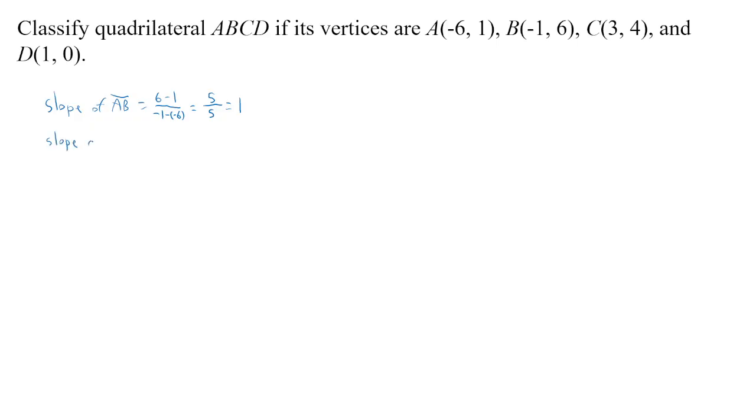Next, we're going to find the slope of segment BC. This is 4 minus 6 over 3 minus -1. 4 minus 6 is -2, and 3 minus -1 is 4. And -2 over 4 is -1/2.